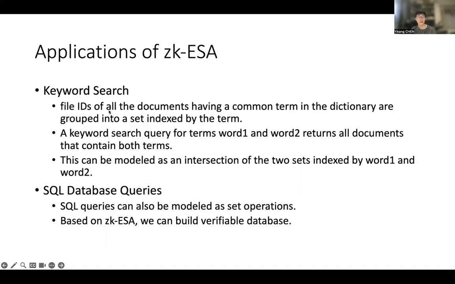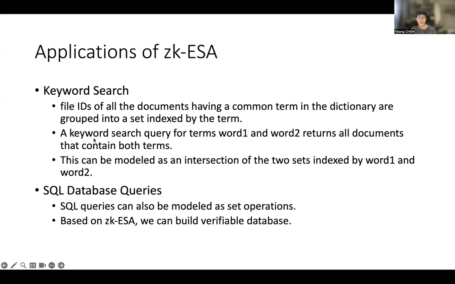So that's all for the JK ESA. And so what is the application of such a scheme? The first one will be keyword search. For example, we store file IDs of all the documents having a common term in the dictionary. We group them into a set indexed by this term.